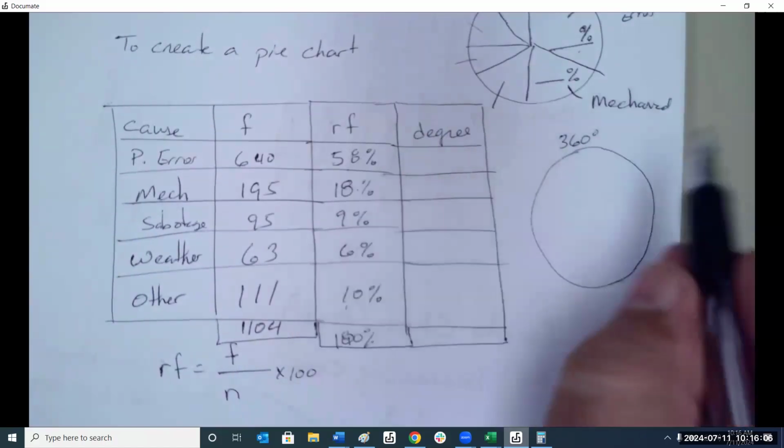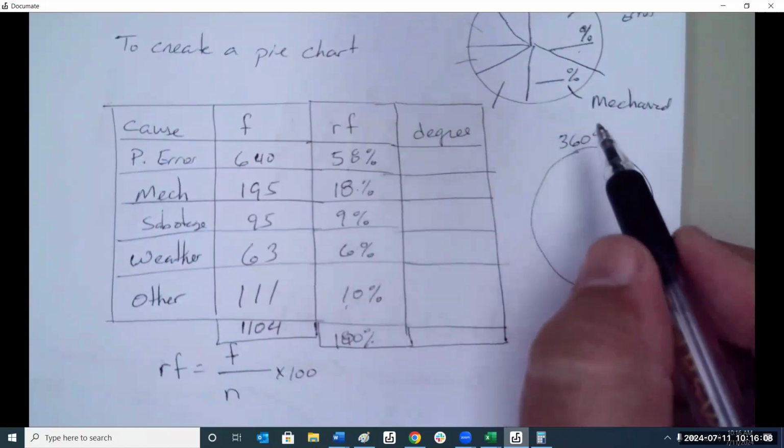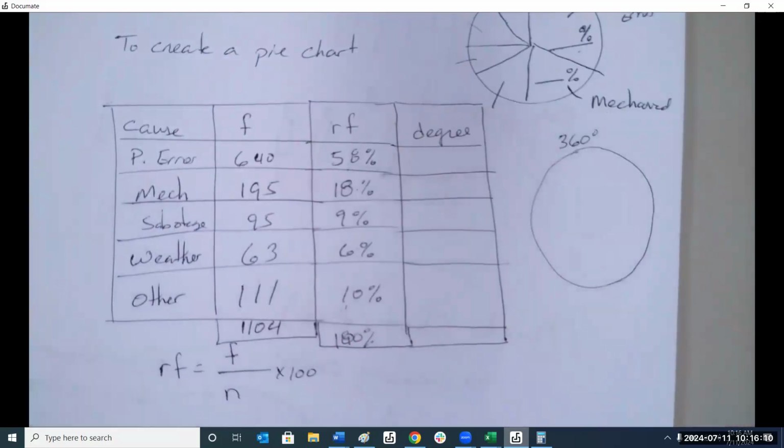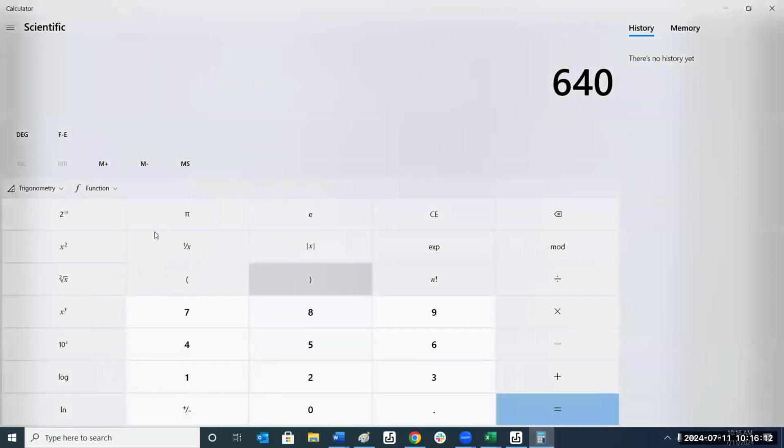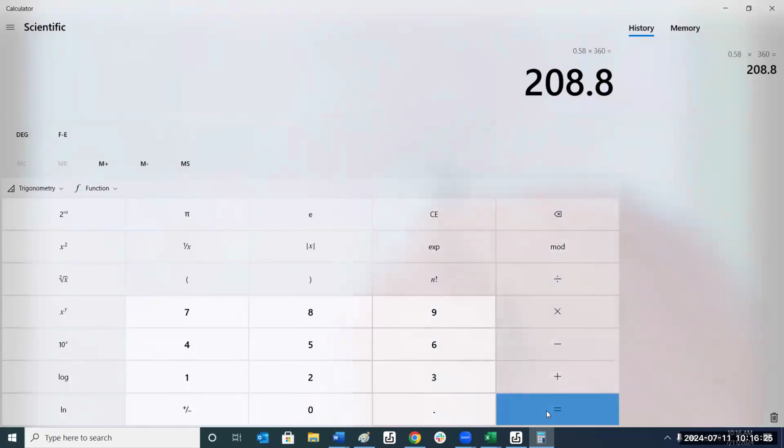So we take 0.58 times 360. 208.8 degrees. Or we can make it, because it's gonna be tough for us to do decimals, we would round it up to 209.